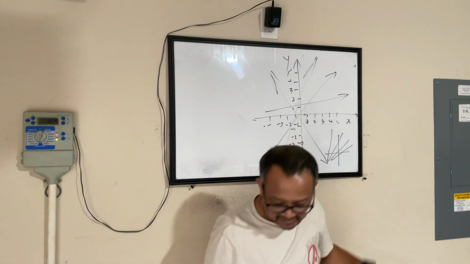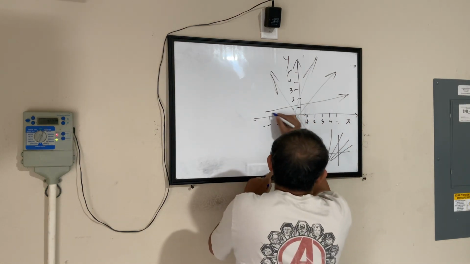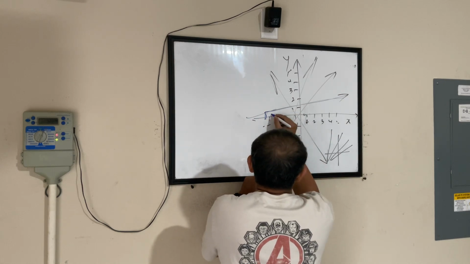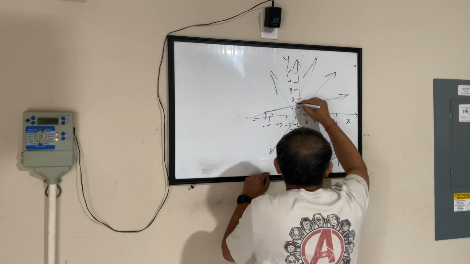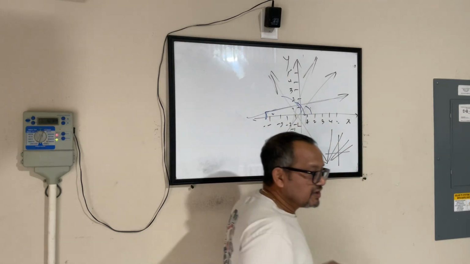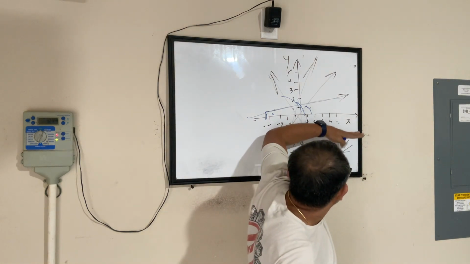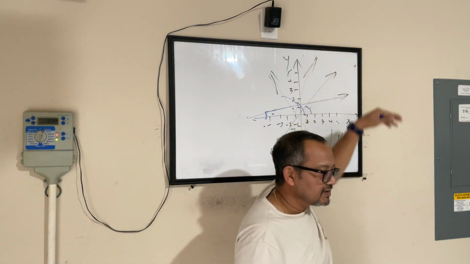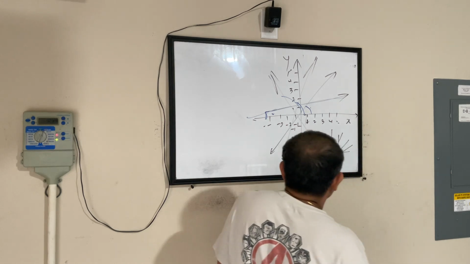So the angle this line is making with the x-axis is different from this line's angle, is different from this line's angle, right? So they are making different angles with the x-axis, and that is your slope. Okay? Now how do you find the slope?